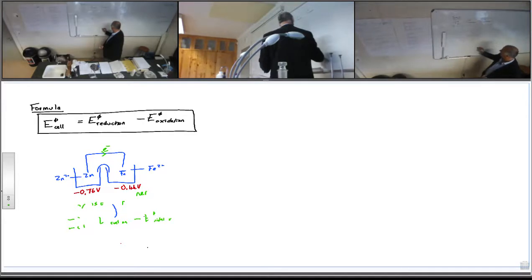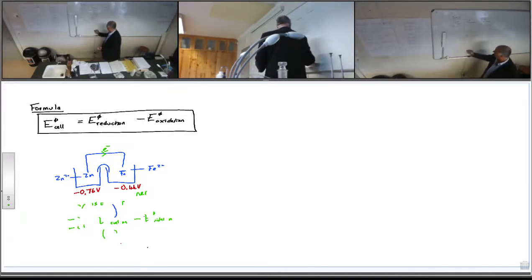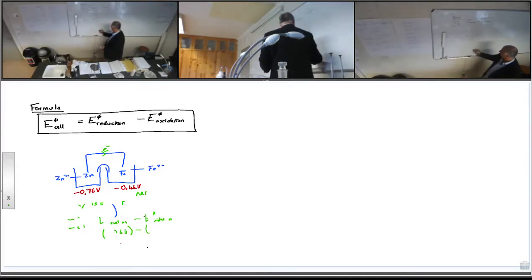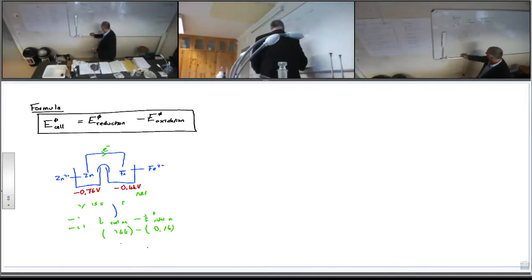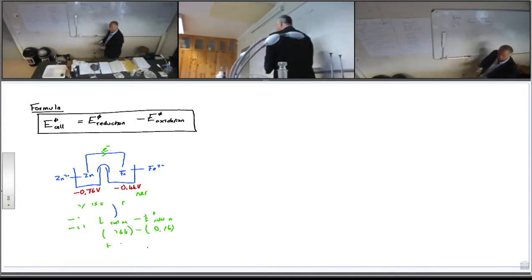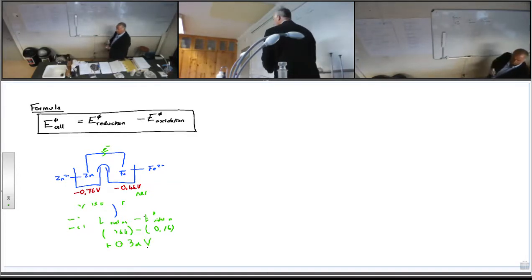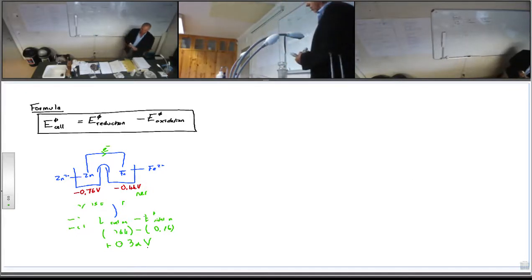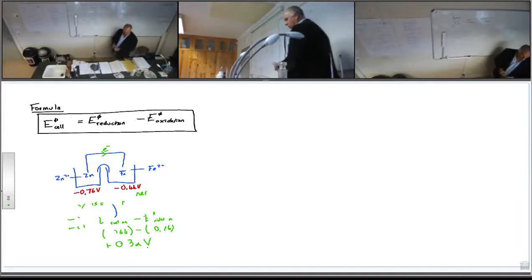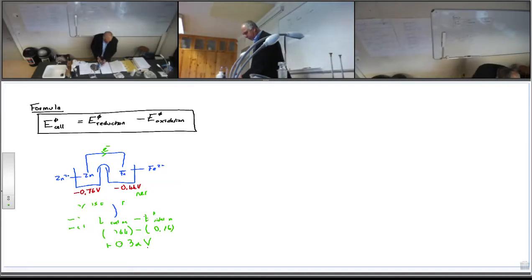The reduction one is minus 0.44. The oxidation one is minus 0.76. That gives you an answer of plus 0.32 volts. Okay, you all happy with that? Just make sure you get the same answers for the next two.